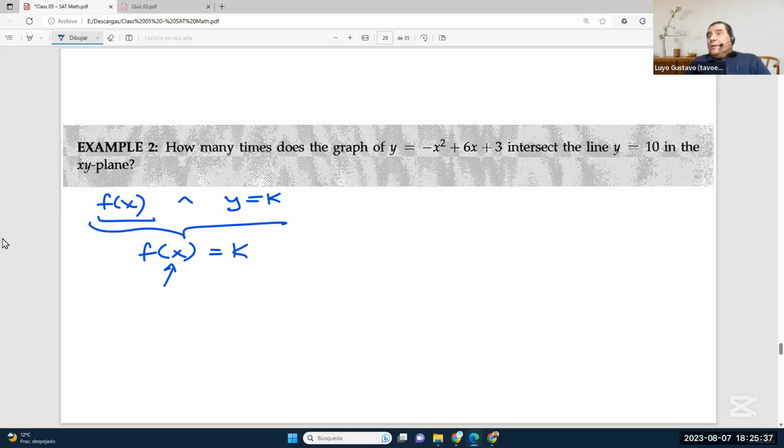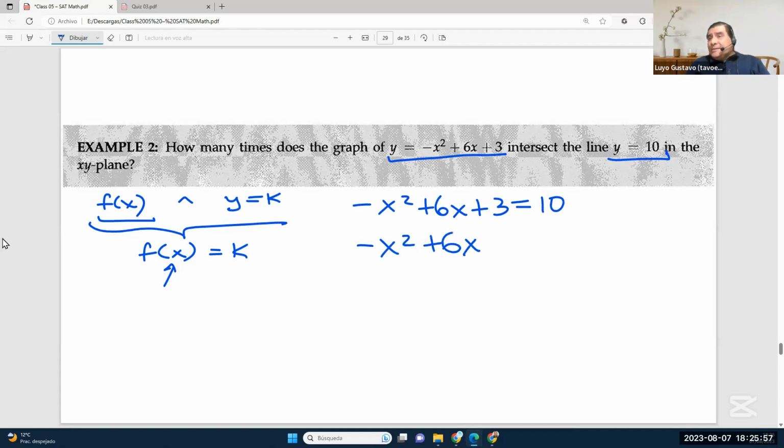So if we equate these two, we would have negative x squared plus 6x plus 3 equals 10. The solution to this equation is the coordinates of the intersection points. So you have negative x squared plus 6x plus negative 7. We multiply this by negative 1.